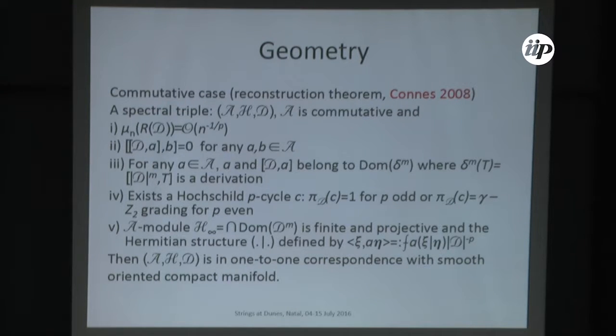There is the first order condition, actually, on some differential operator. Formally it does not say that this is a differential operator, because it's defined in purely algebraic terms. But when you really try to represent it, of course it will be just the usual Dirac operator, to recover usual Riemannian geometry.